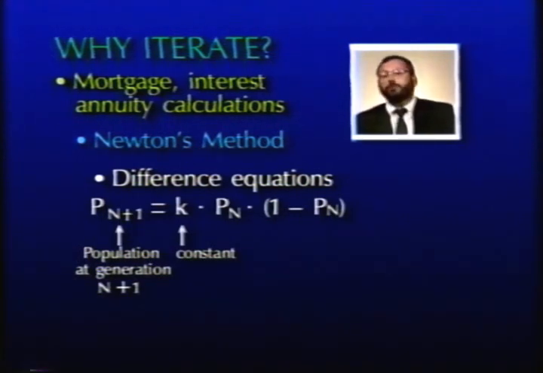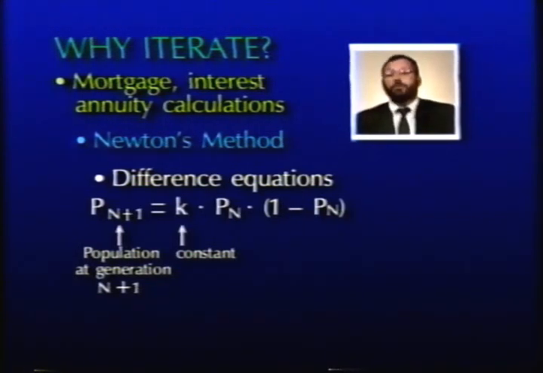It's called the logistic equation. Ecologists use it to predict the behavior of populations of certain species. The equation reads quite simply: the population at generation n plus 1 is determined by a knowledge of the population in the preceding generation, in generation n.